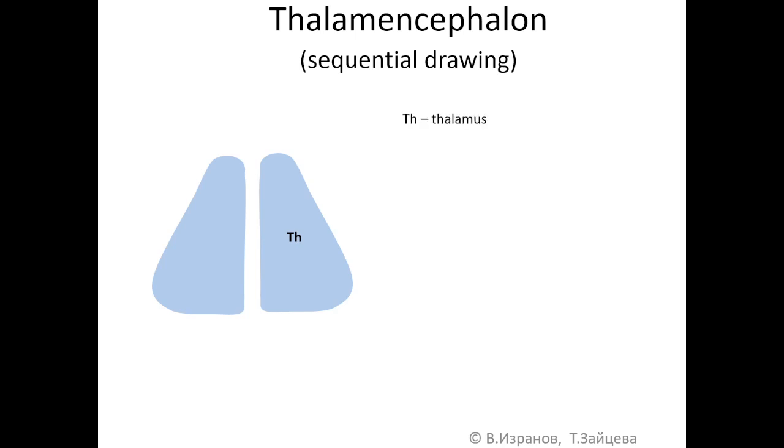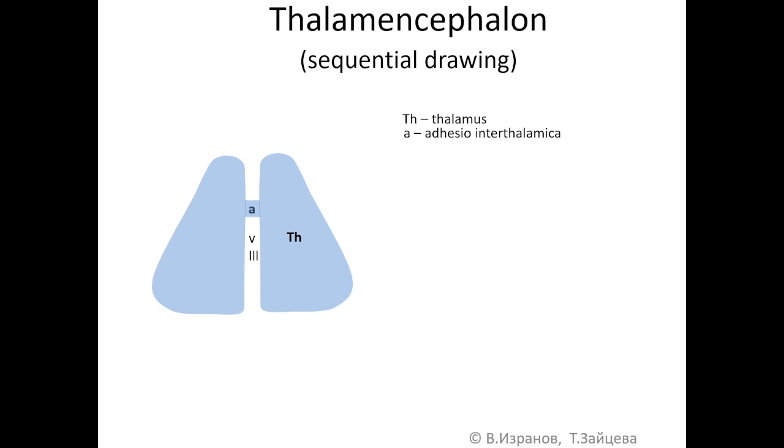So, TH is a thalamus, right and left. A is adhesio interthalamica, the structure which connects two thalamus between each other.